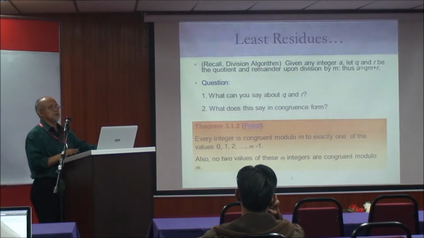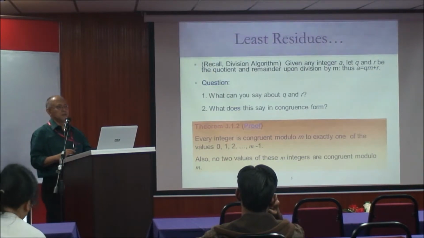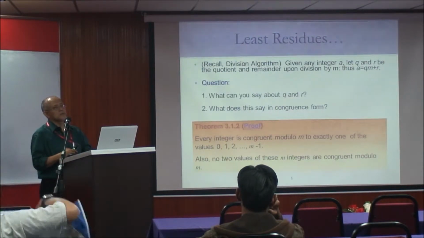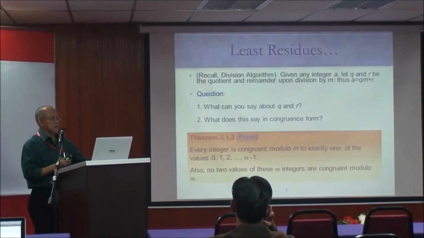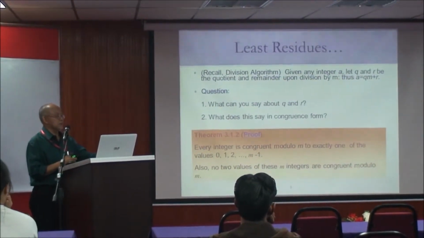Because according to the division algorithm, when we divide A by M, the possible remainder is from 0 up until the integer that we divide, which is M. But it cannot be M, it must be at least one less than M, which is M minus 1.